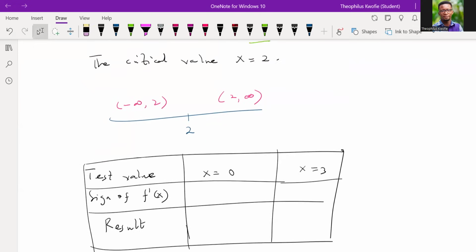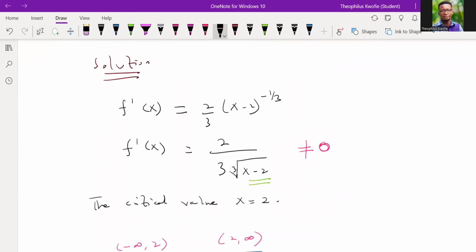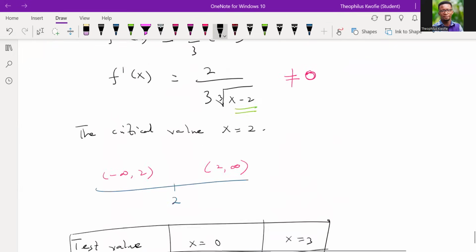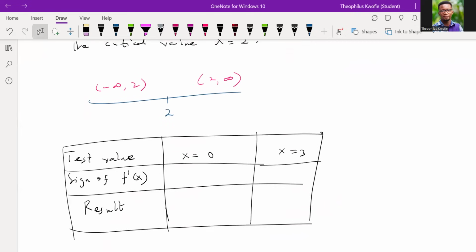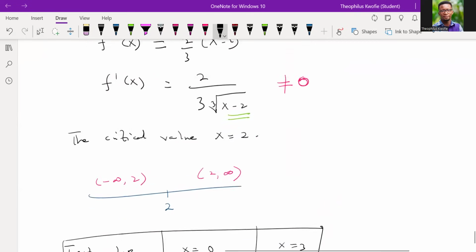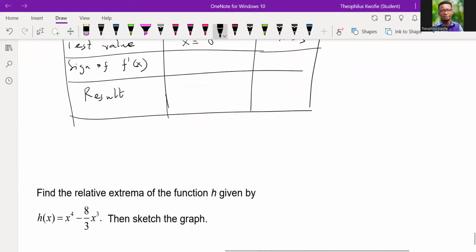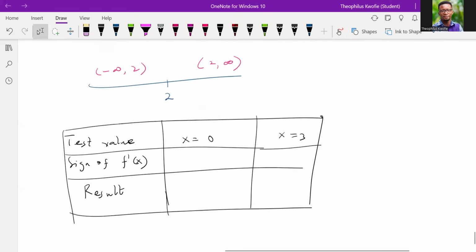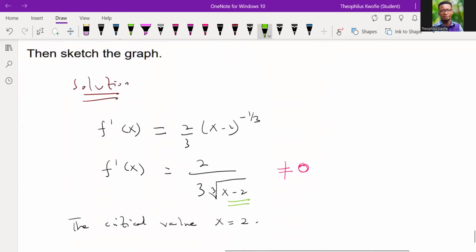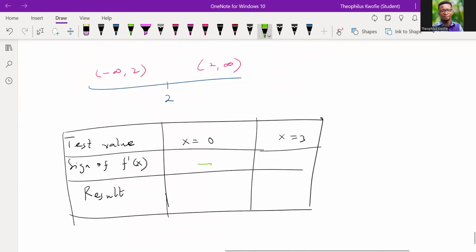Remember, our f of x is here. When x is 0, within the interval negative infinity to 2, let's plug into f prime of x. What do we get? We're going to have minus. And when x is 3, we are going to have positive.